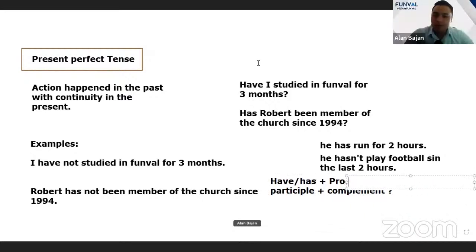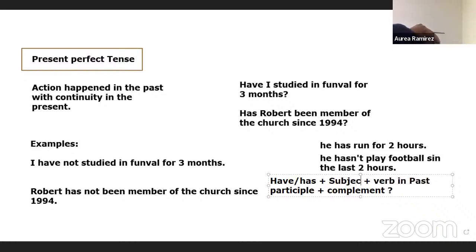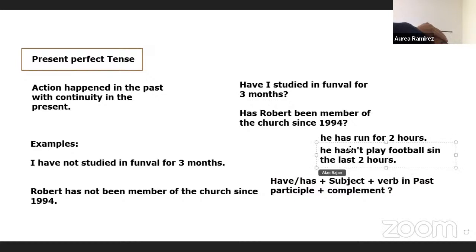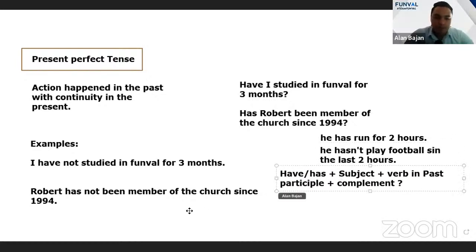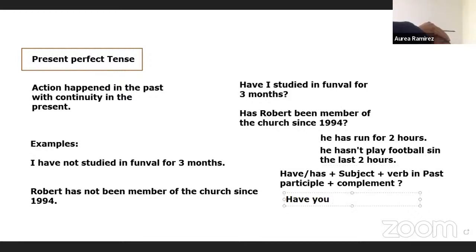So here you have the structure. Have you? Learning. Have you learned? Past participle is the same as past when it's a regular verb. Not learning, but learned. Have you learned?